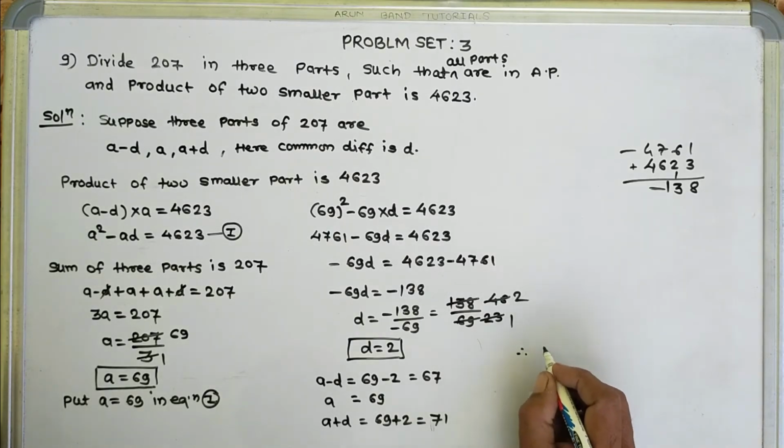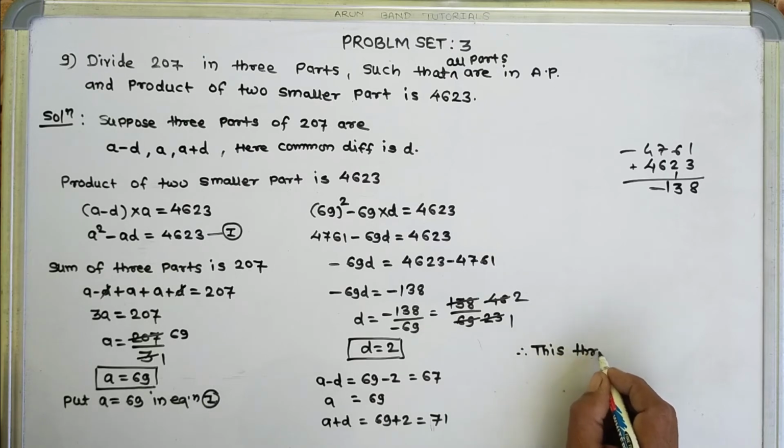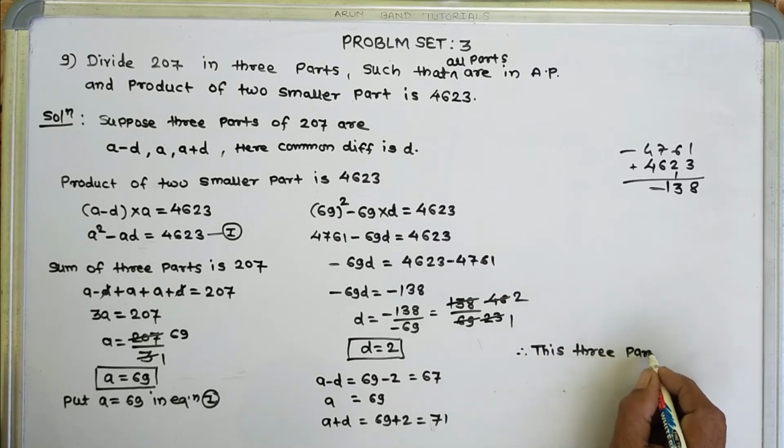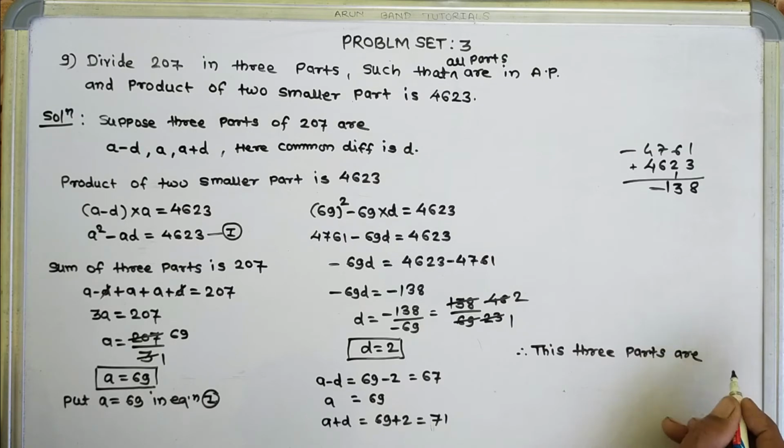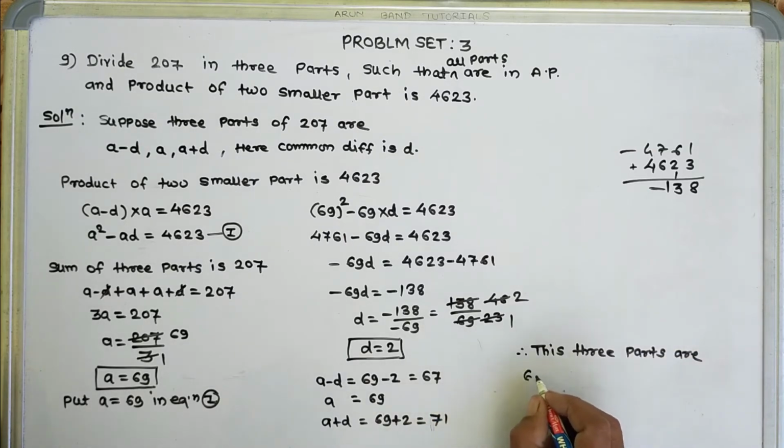So these 3 parts are: first part is 67, 69 and 71.